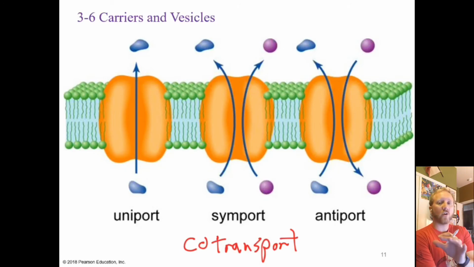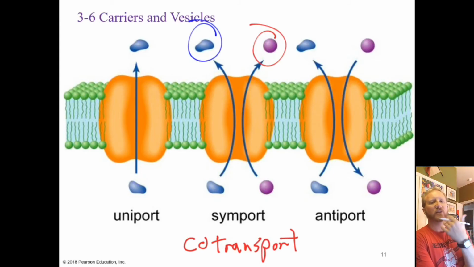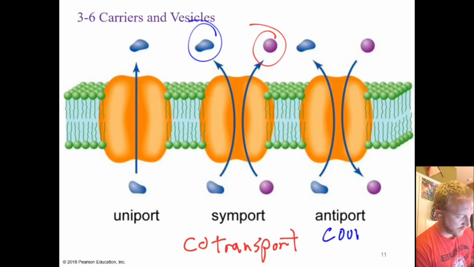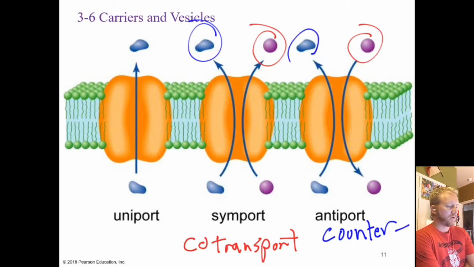Maybe the goal is to move the purple, but in order to move the purple, we have to move the blue. That's co-transport. They're going at the same time. Antiport, which is also known as counter-transport, is moving substances in different directions. Again, this would be if we want to move purple in, but in order to do that, we have to move blue out. Okay.